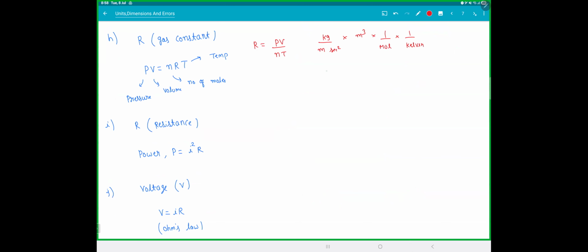So if you simplify this, this will be kg meter square by second square mole Kelvin. I'll just type it as K. So the dimensions are mass power 1, L square, T minus 2, mole minus 1, Kelvin minus 1. So this has total 5 quantities. That is one pretty nice quantity which had 5 dimensions: M, L, T, mole, Kelvin.